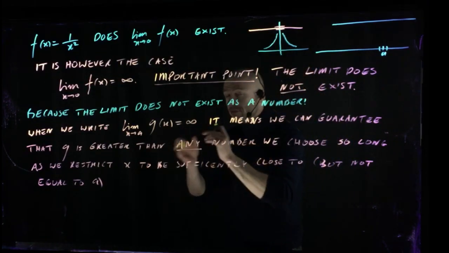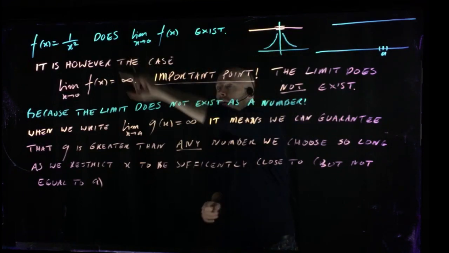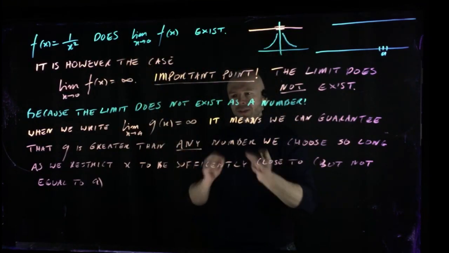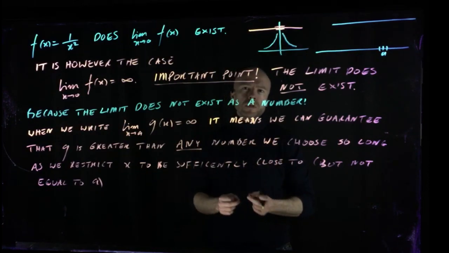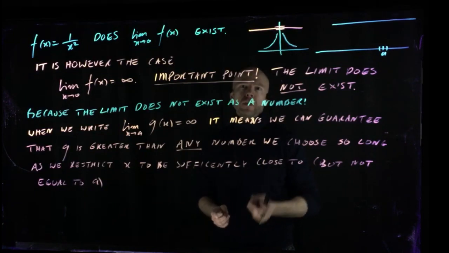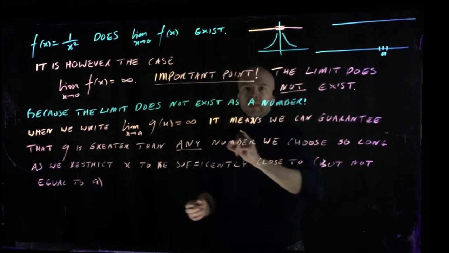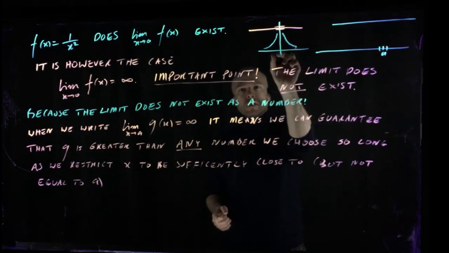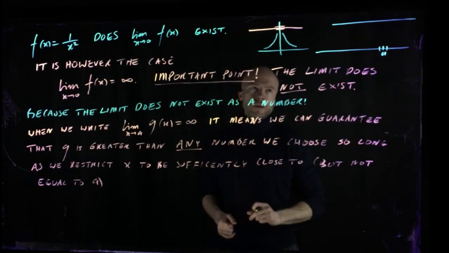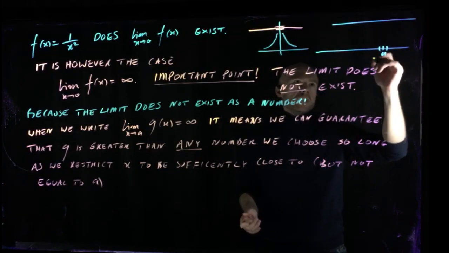And that's true for every single big number. And you can see that that's definitely the case for this function 1 over x squared. We can guarantee it is bigger than any big number that you like. Pick your favorite biggest big number. You can get this function bigger than that number so long as you restrict your interval to be sufficiently small around 0, not equal to 0. So the picture is this.